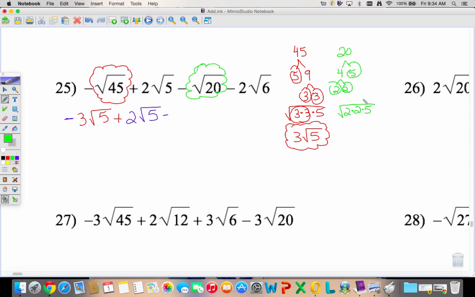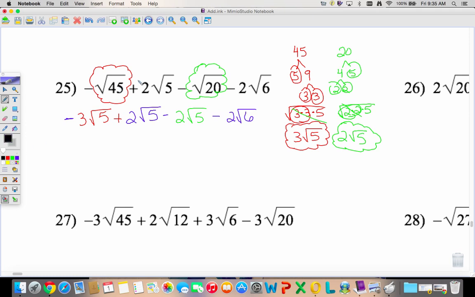So 2, 2, and 5. So that's square root of 2 times 5. Pull out your 2's. So you have 2 square root of 5, since those are gone. And that is what the square root of 20 simplifies to. So over here, square root of 20, we'll put minus 2 square roots of 5.